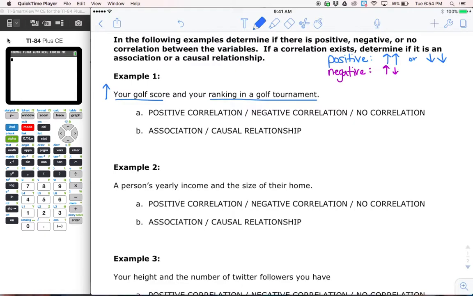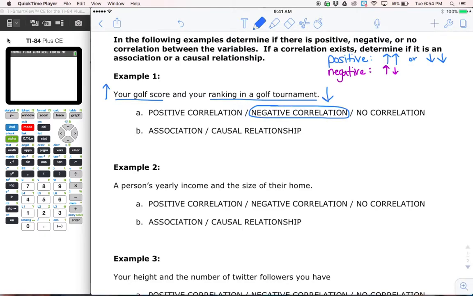So if your golf score is increasing, you're taking more swings, then your ranking in the tournament is going to go down. You're going to get a worse ranking the more swings you take. Do you see how they're moving in opposite directions? There's definitely a relationship between your score and your ranking in the tournament. So that's a negative correlation. As one increases, the other decreases.